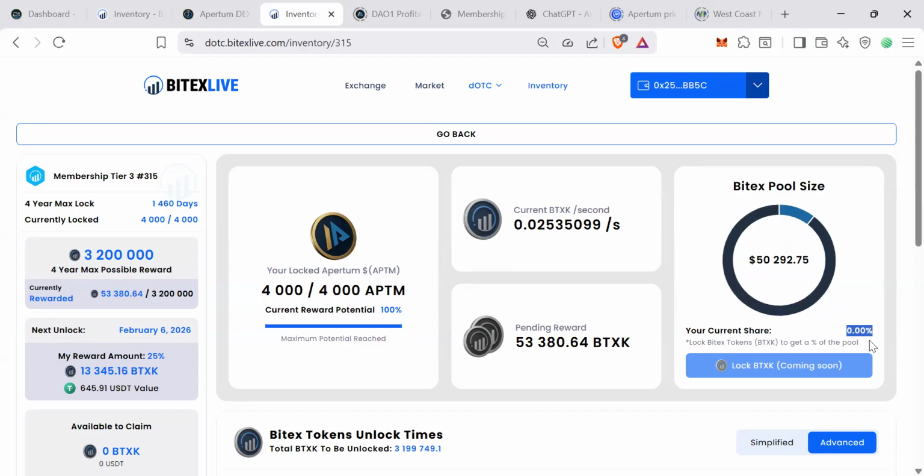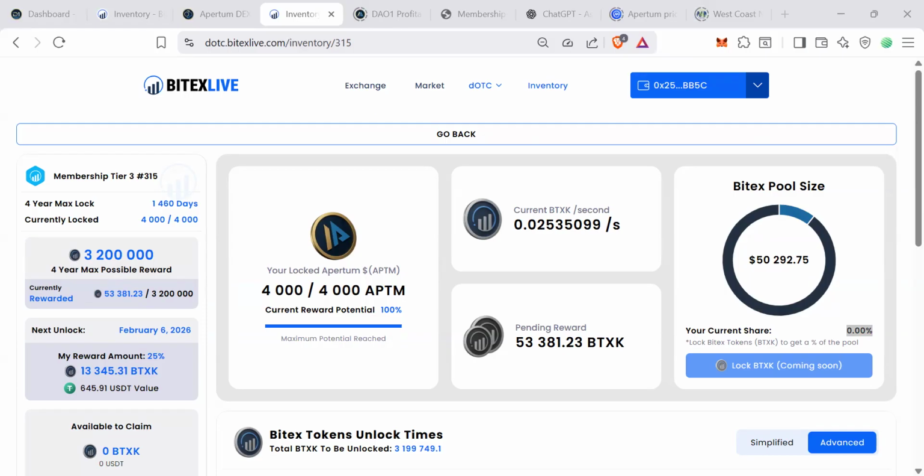But let's say I put in 100,000 tokens, and for argument's sake, let's say that equates to my share in the pool being, let's say, 1%. Then whatever the pool size is, in this case $50,292, I will then get 1% of that in USDT.